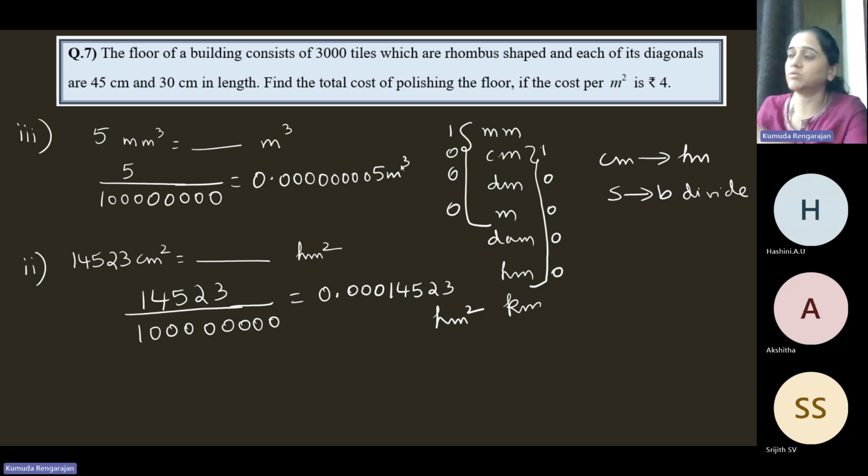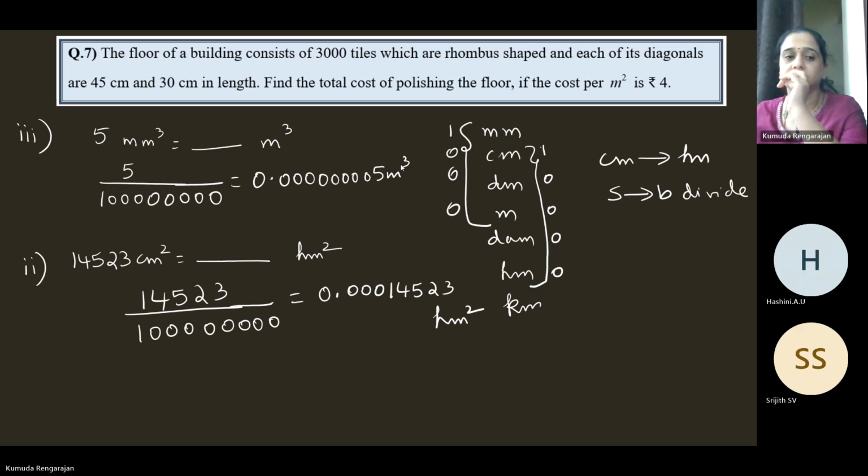Millimeter cube to meter cube, you should do the same action three times, so you'll get 9 zeros. So it is 5 divided by 1 followed by 9 zeros. Then place a decimal point. Okay, so this is how we convert.